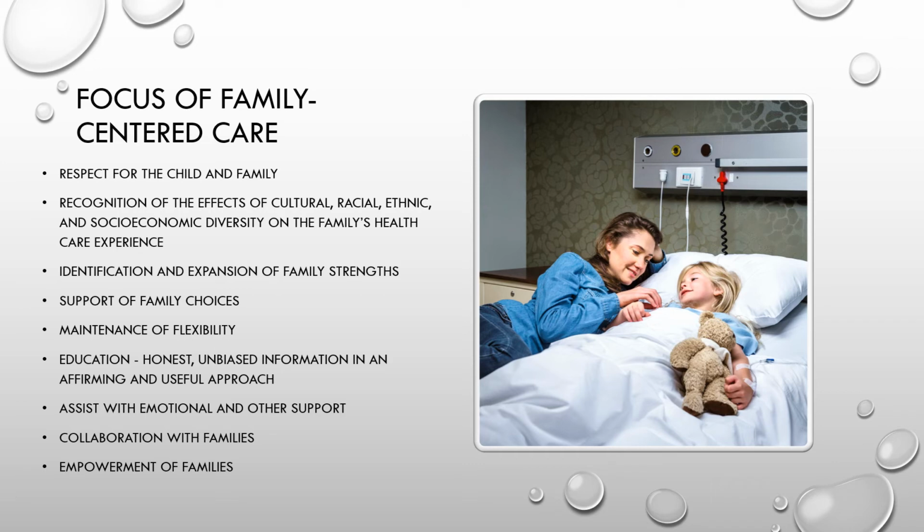We want to identify and expand on any of the family strengths. This is really pertinent information. If we see a strength, we want to identify it and then we want to expand on it. Remember, we're supporting those family choices.